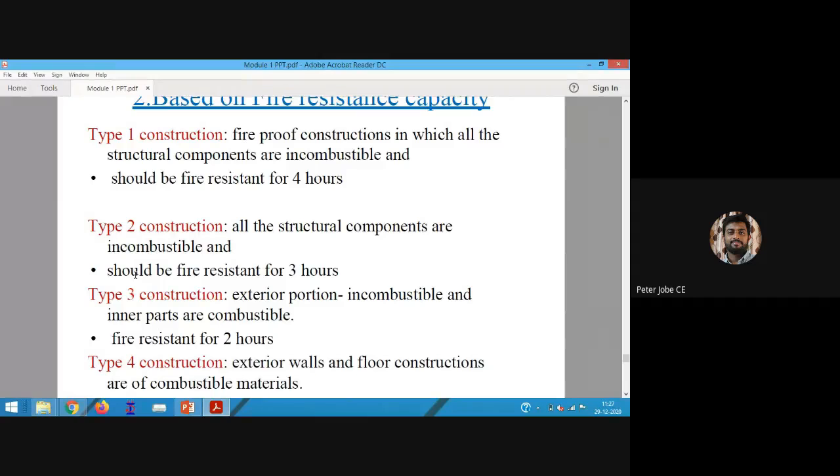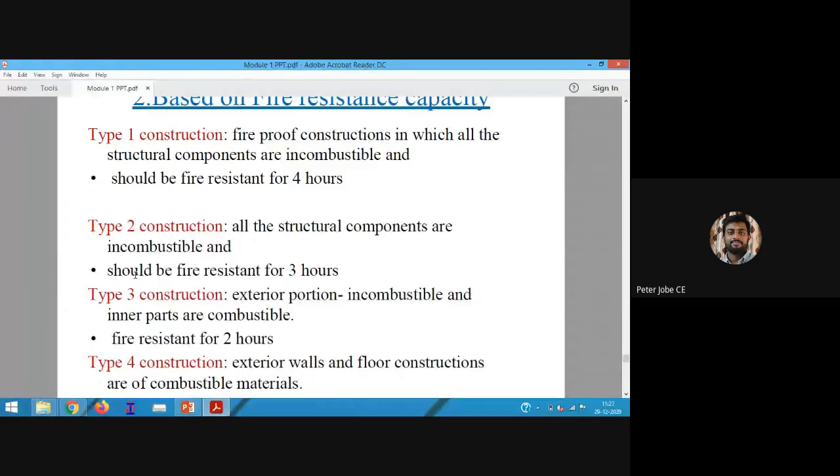At that temperature, the steel got melted and started to flow down. The essential structural components, the beams and columns, which were supposed to hold the building properly, started to melt down and it started to collapse.